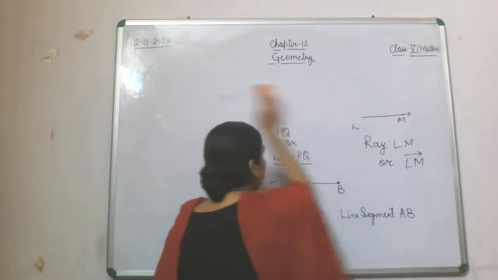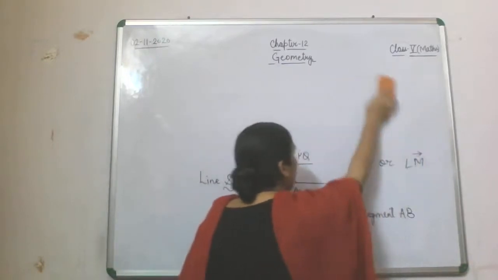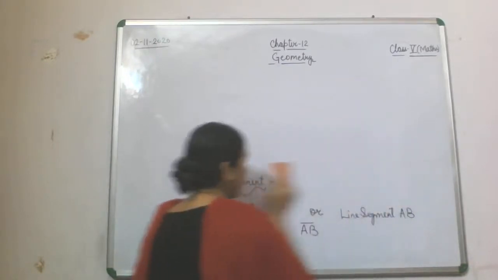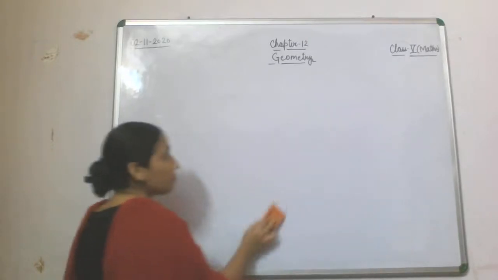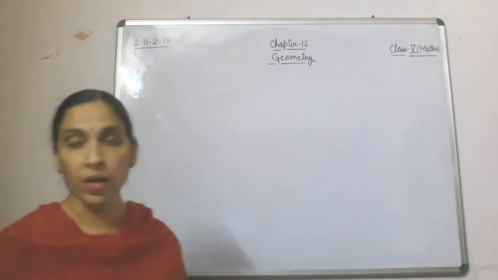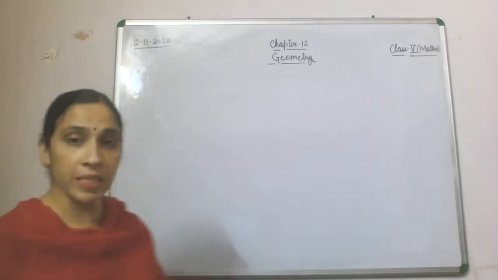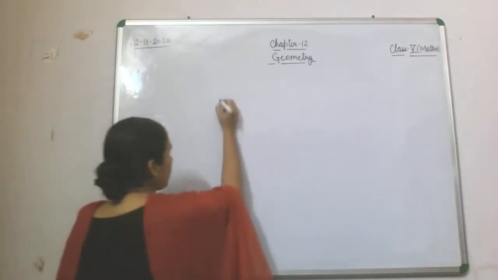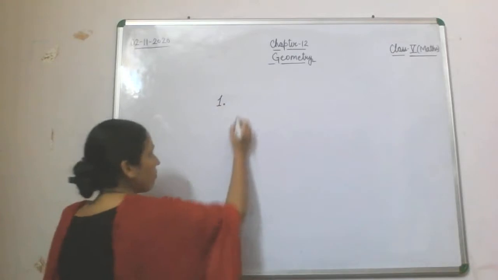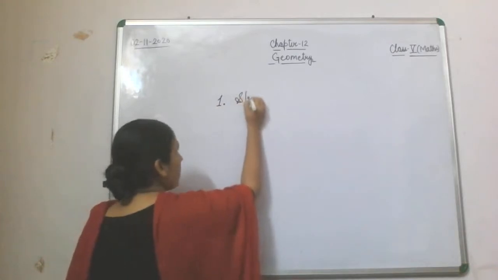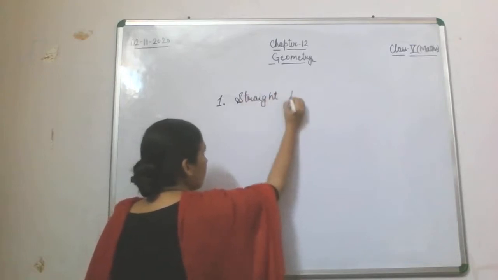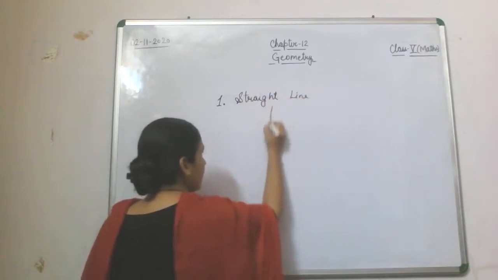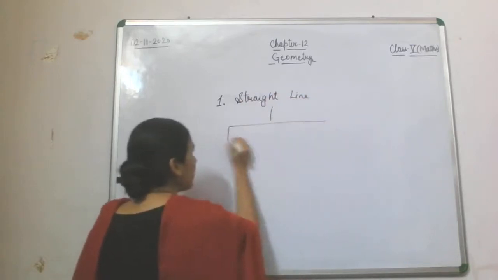One more thing we have done, types of lines, and related to that we have done example 1 also: identify the types of line. Basically there are two types of line. I'll repeat it again. First is straight line and, in straight line, we have three types of line.